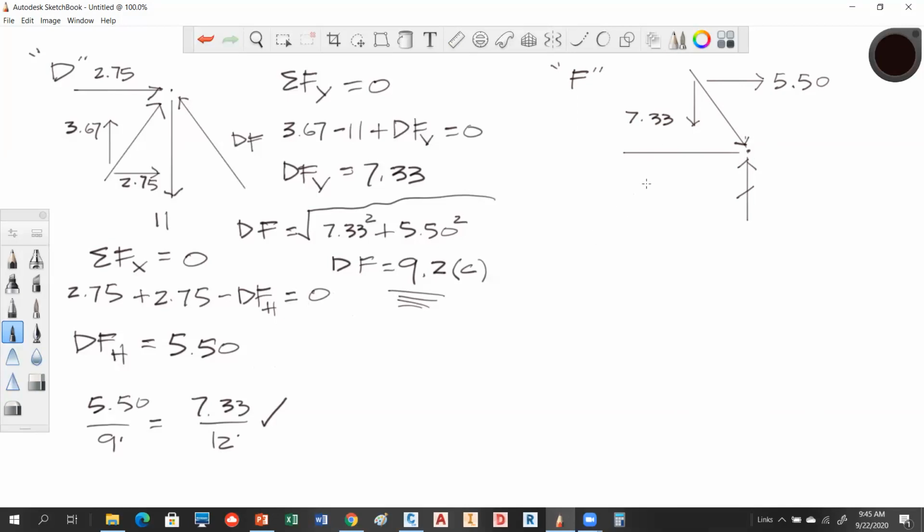It better be, right? Yeah. Because if that's going this way, this better be going this way, right? And it better be 5.5, which it was, right? Is that what you said? Yeah. Perfect. What was the RVF reaction that we solved initially? That was 7.33 up.